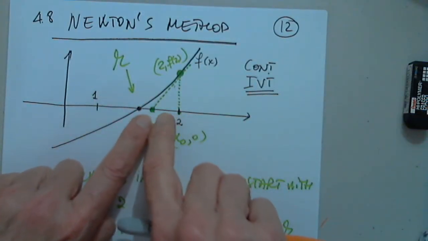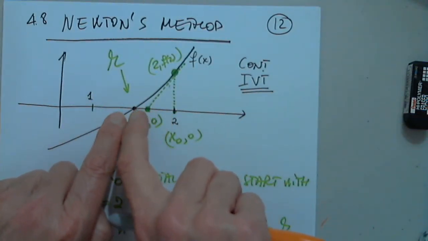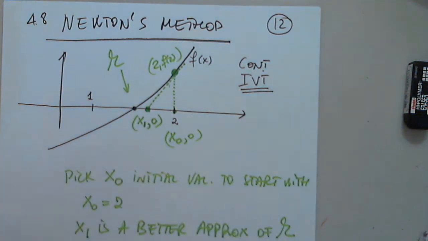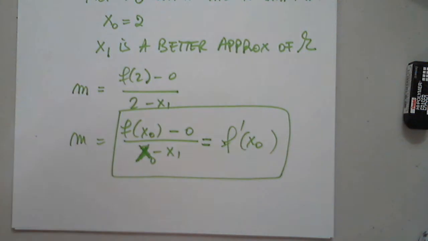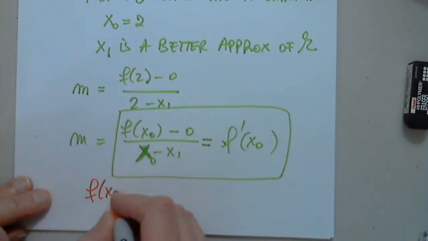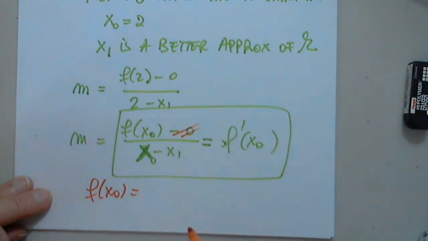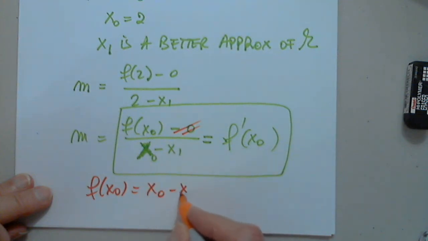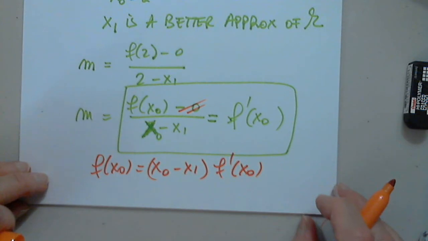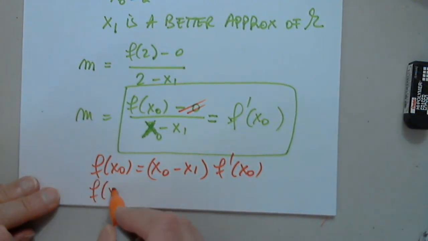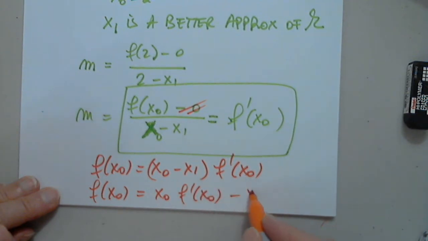I'm trying to get closer and closer to r. Exactly. So I'm going to solve for x1, cross multiplying first. So f of x0 equals x0 minus x1 times f prime of x0. I will distribute: f of x0 equals x0 f prime of x0 minus x1 f prime of x0.